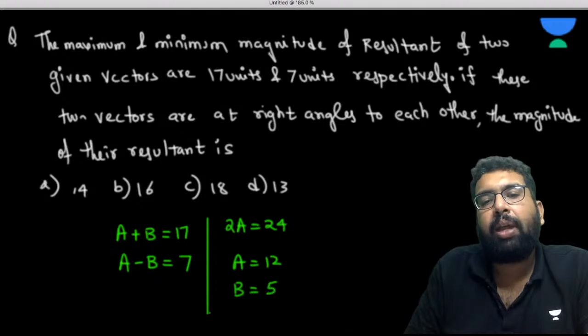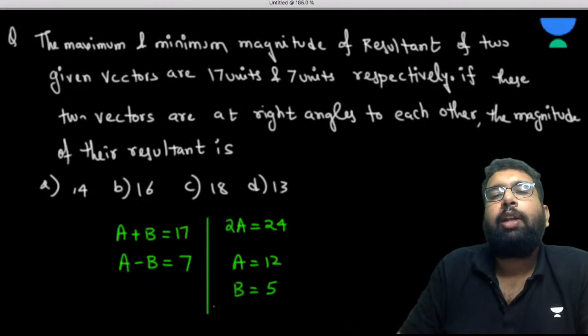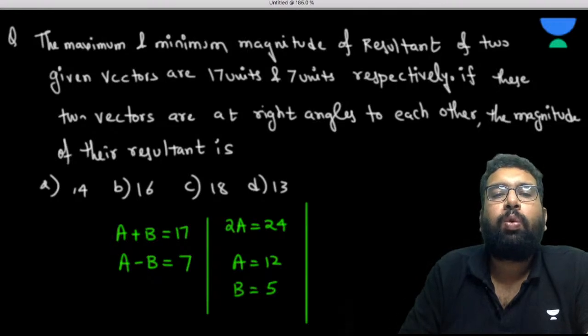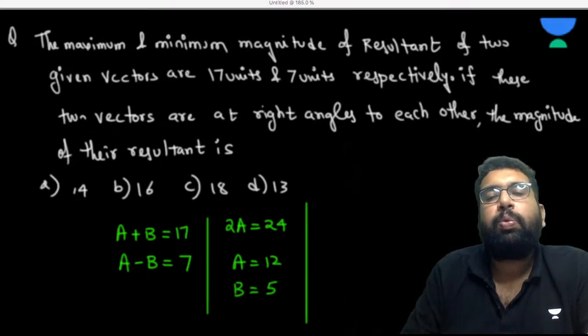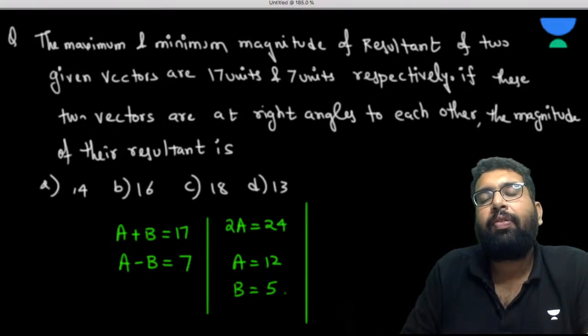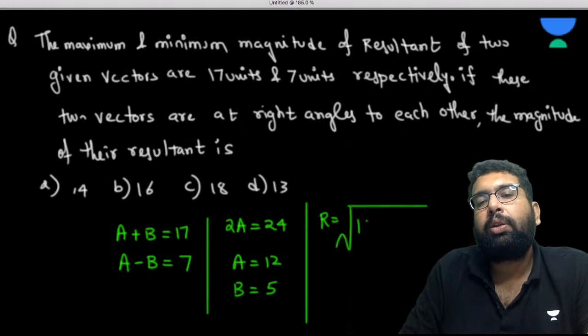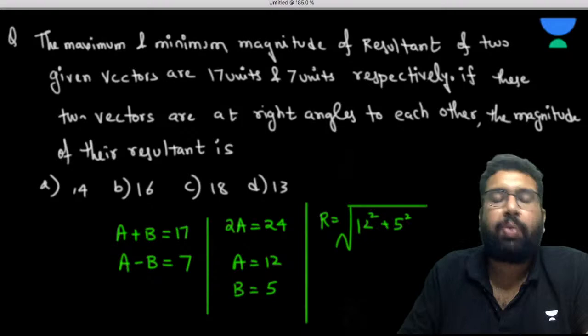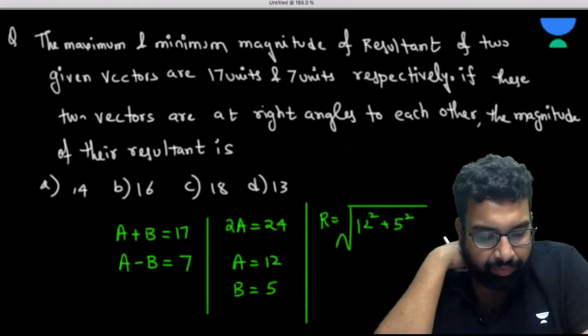Okay, A becomes 12, B becomes 5. Now see how quickly we can do it. Now two forces, that is 12 and 5, are perpendicular to each other. So we know, that is why we have seen this as a standard case. So this is 12 square plus 5 square, so 144 plus 25.